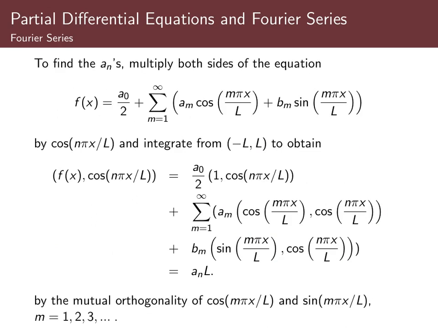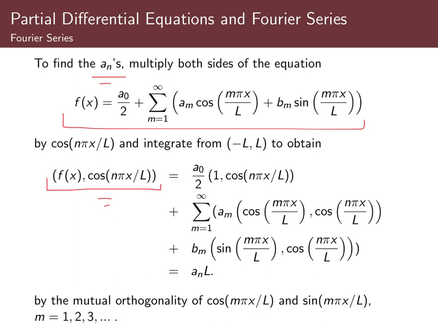First, to find the a(n)s, we'll multiply both sides of this equation by the nth cosine Fourier basis function, and then integrate from negative L to L. If we do so, we get the inner product of f with the nth cosine Fourier basis function.